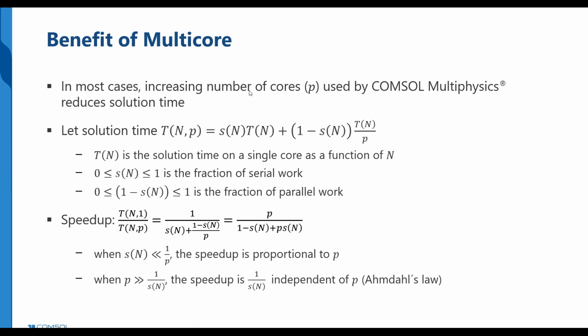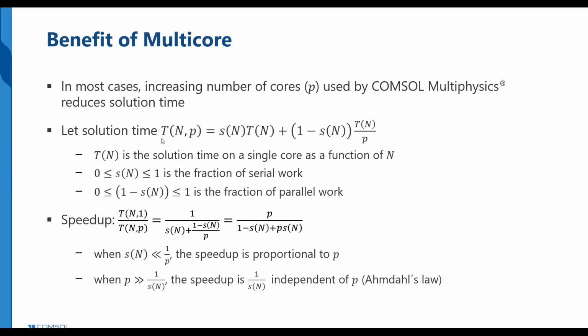The benefit of doing multi-core or parallelization in general is that we can reduce the solution time. And a simple way of looking at this is that a certain part of the total simulation time is serial. We call that S here. It's the fraction of the total work that is done in serial. And the rest we can parallelize, the fraction of parallel work.